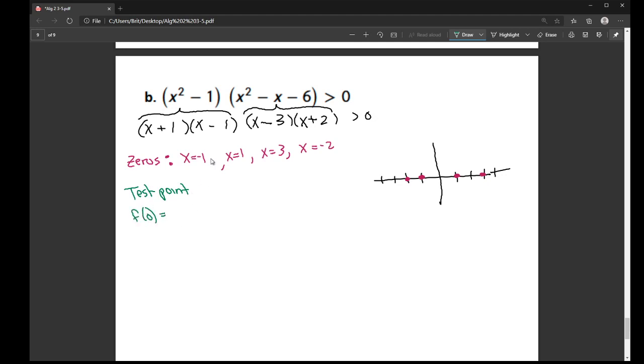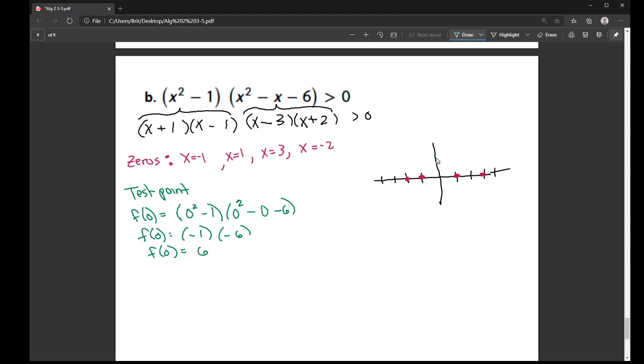Okay, so I could do it either at the top or the bottom. I'll do it here at the top. So I have 0 squared minus 1 times 0 squared minus 0 minus 6. So here I get negative 1, here I get negative 6, and negative 1 times negative 6 is a positive 6.